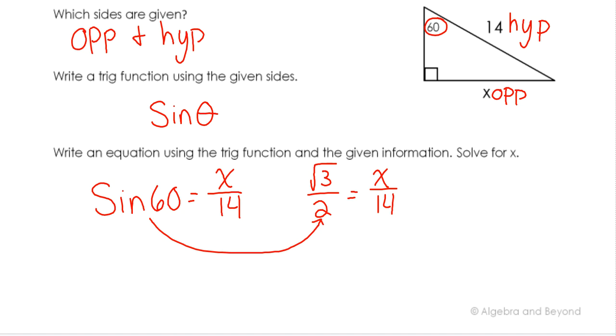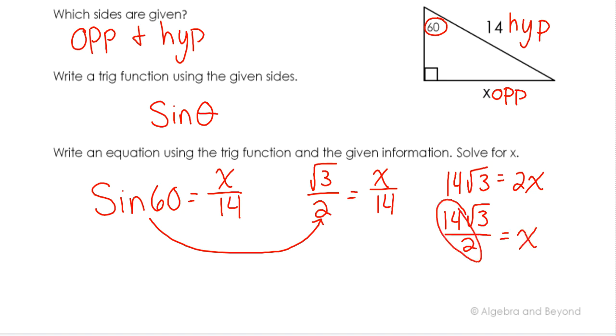And now I can solve this proportion. So I would get 14 square root of 3 equals 2x. I would divide both sides by 2 to get x alone. And then I would simplify. So 14 divided by 2, that's 7 square roots of 3 for what the value of x is.